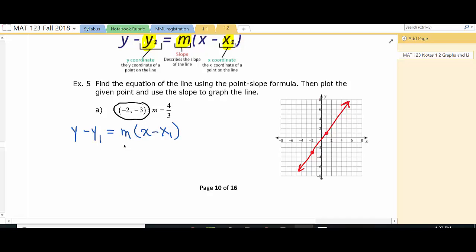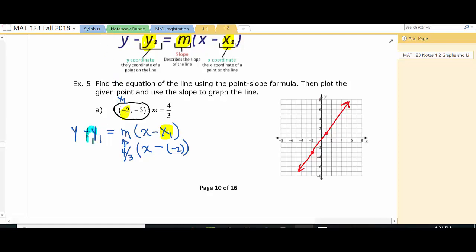Okay, so here's what you're going to do. We're going to plug 4/3 in for the slope, because we know that. And then you're going to plug in x1 is going to be -2. So in your formula, put x, subtract, bring that down, and then -2. So you're plugging that -2 in for x1, see.